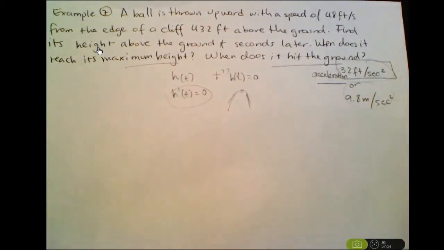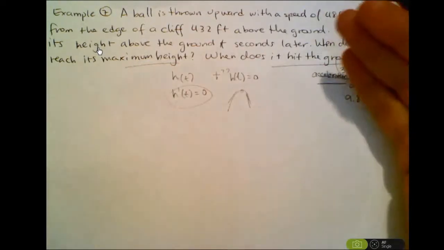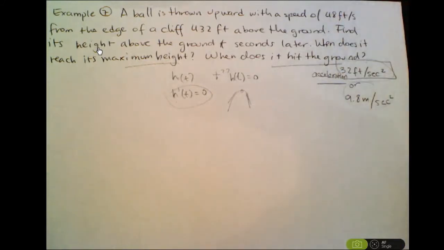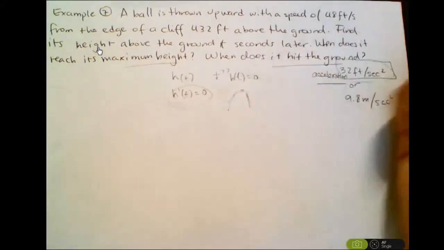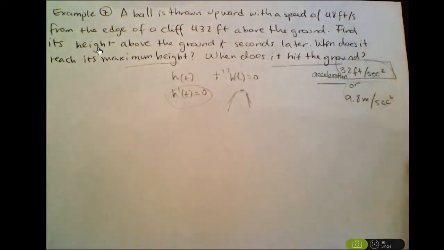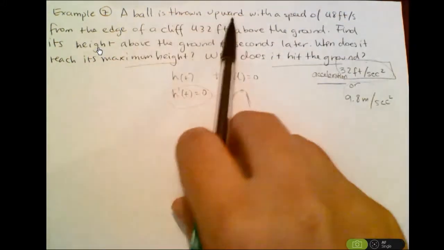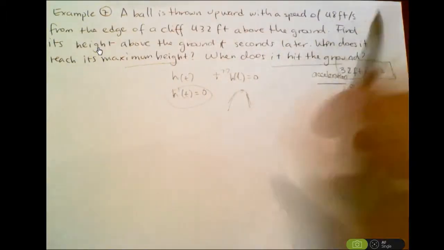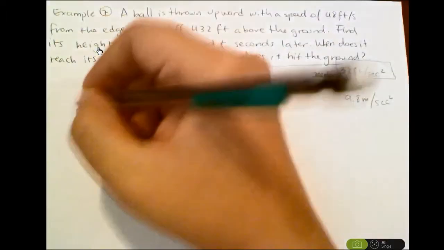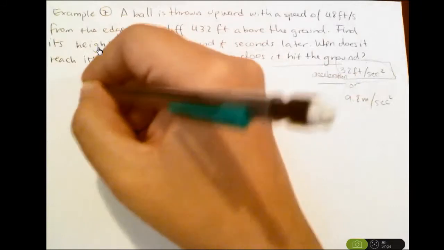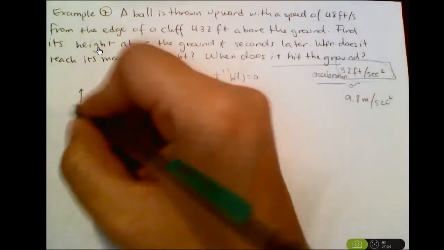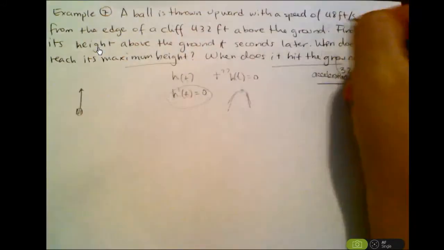So the idea is to find that function of height that depends on time and then figure out some features of it. Let's see what the problem says. A ball is thrown upward with a speed of 48 feet per second. So picture a ball going up at 48 feet per second.